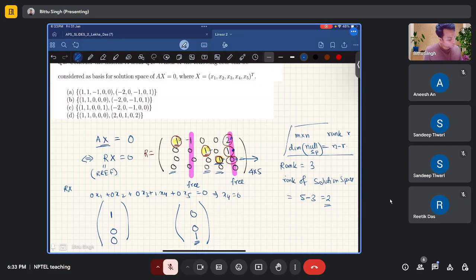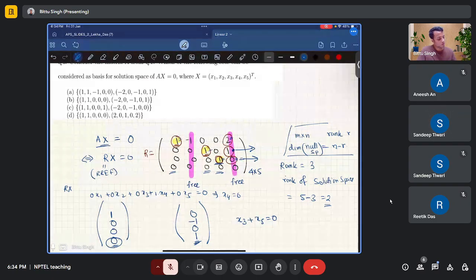Next, again if you use the third row, for the third row you get this combination, that is x3 plus x5 equal to 0, right? But here if you have chosen x5 to be 0, then x3 will be 0. But here you choose x5 as 1, you have chosen that, therefore it will be -1, right?